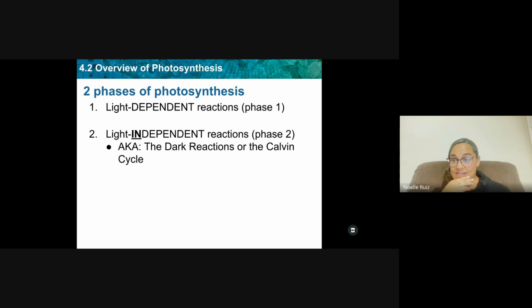It doesn't actually need light, so it can happen in the dark. Or sometimes it's called the Calvin cycle, which is just named after the scientists that figured it out. So Calvin cycle is usually the most common, but it's easier to compare light dependent to light independent when we talk about it at first.